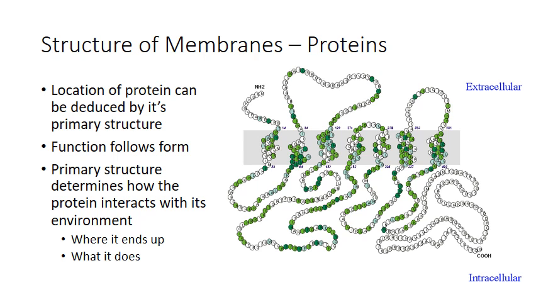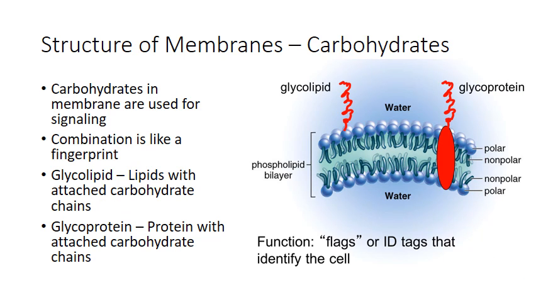So in the previous slide, the protein was like this blob sticking through the cell. In addition to having proteins, we also have carbohydrates. And these carbohydrates are like little flags or ID tags. They're kind of like the fingerprint of the cell. So it's important for cells to be identified as part of your body, because part of what your immune system does is make sure that nothing that shouldn't be there is there.